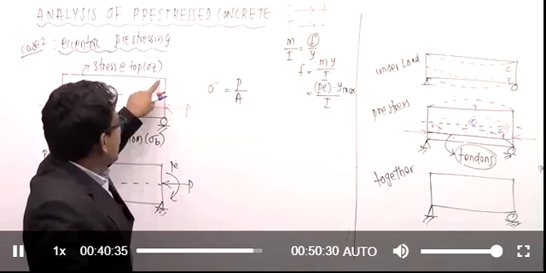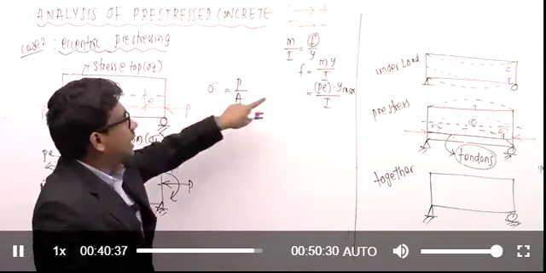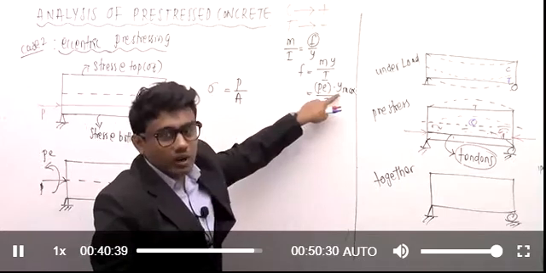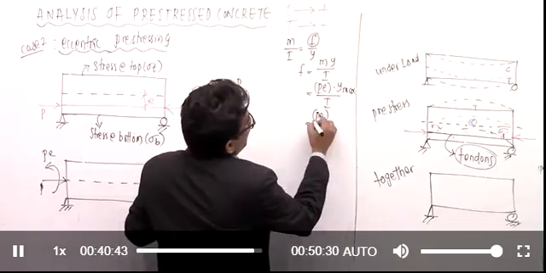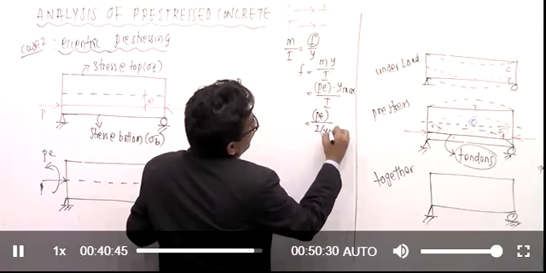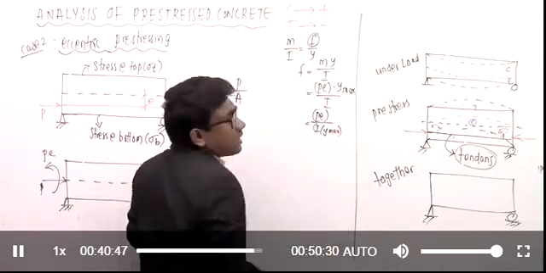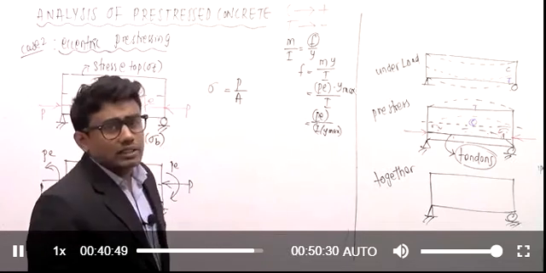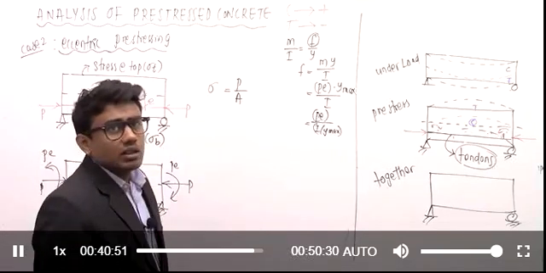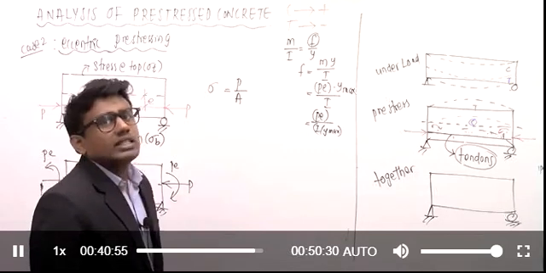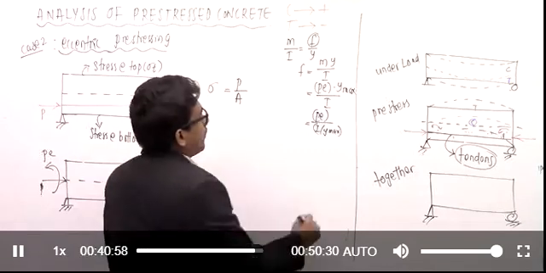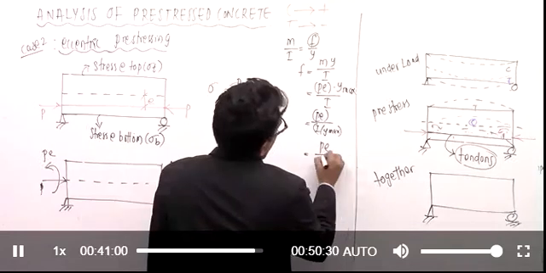As I am calculating the stress at these extreme fibers, I can consider Y as Y max, right? Or I can write like this: PE divided by I by Y max. What is this I by Y max? You might have studied it in Strength of Materials. Exactly, it is section modulus, or we can write it like this: PE by Z.